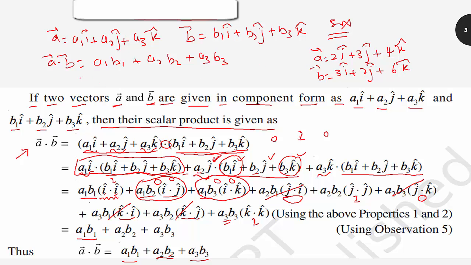So now if you want to calculate A dot B, this will become a1 into b1, that is 2 into 3 is 6, plus 3 into 2 is 6, plus 4 into 6 is 24. So this becomes 36. A dot B is a scalar product, so the output must be a scalar. This term is going to be the scalar value, that is 36.